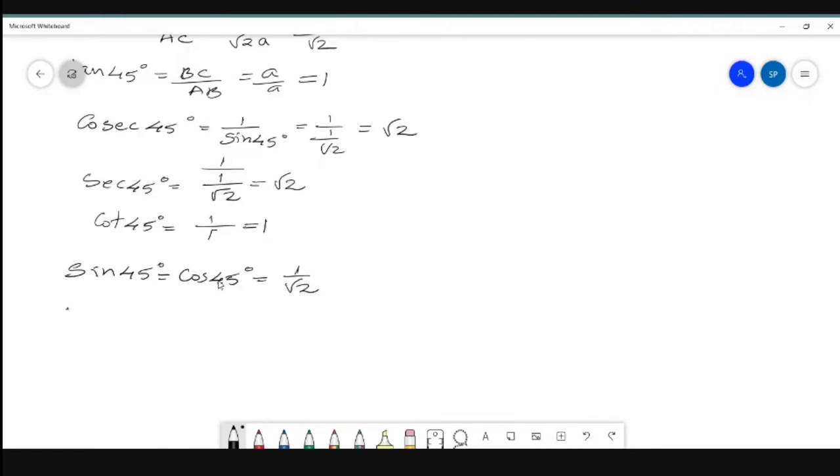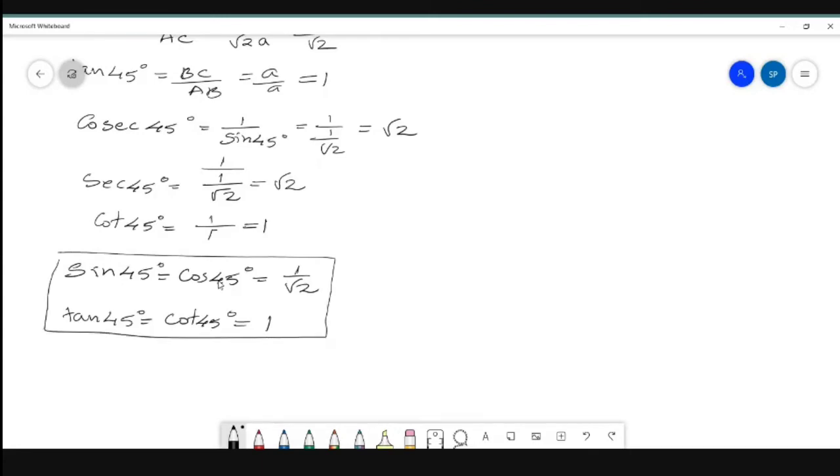And you can see that tan 45 and cot 45 equal to 1. If you know these relations, you can find out the other values also very easily. Sin 45 and cos 45 are 1 by root 2, tan 45 and cot 45 equal to 1. Then you can take the other reciprocals. Sin reciprocal is cosec, cos reciprocal is sec, tan reciprocal is cot. Okay.